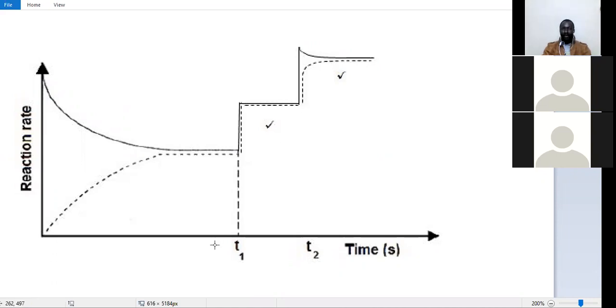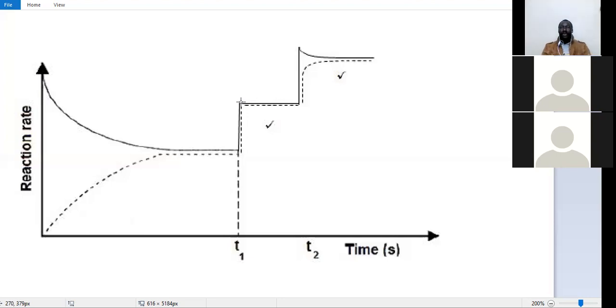From that time when it was increased up to some other time, because again, the equilibrium has got to be restored, okay? The thing here is you increase the catalyst. When you increase the catalyst, things will change. The rate of reaction, the rate of production of methanol, will increase. And because of that, that means equilibrium has been disturbed.